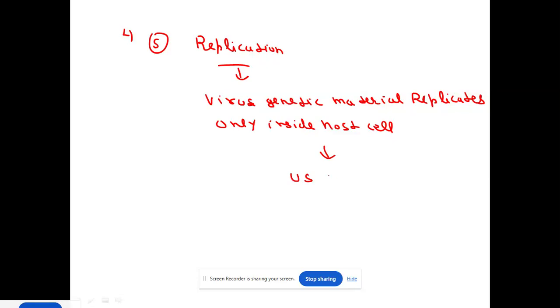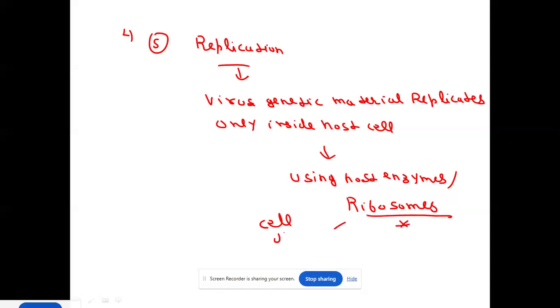Because for this purpose the virus is using host enzymes or ribosomes. Ribosome is also a cell organelle. So the replication point is also clear to us.